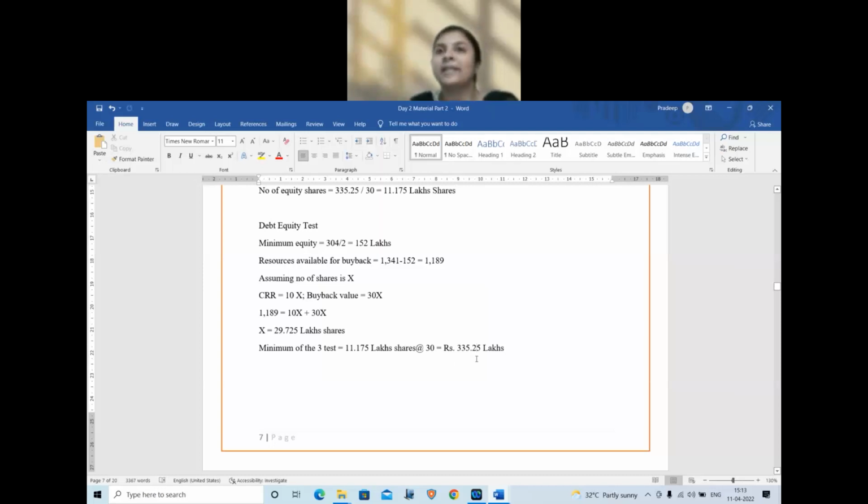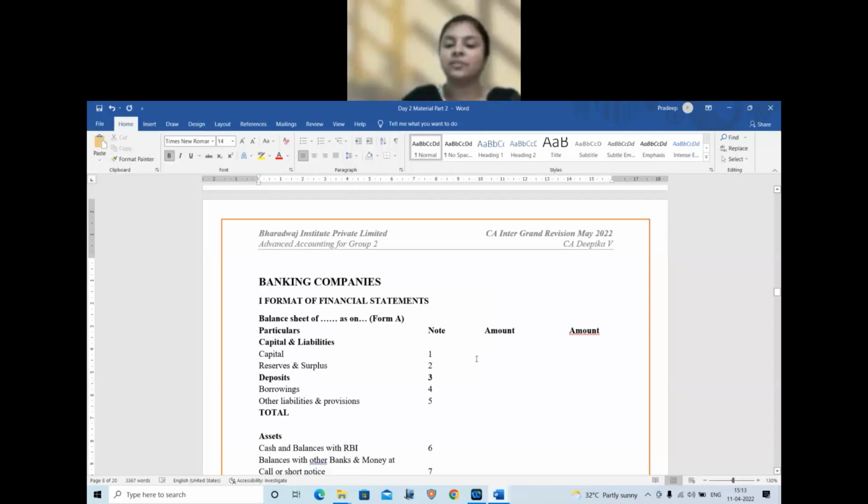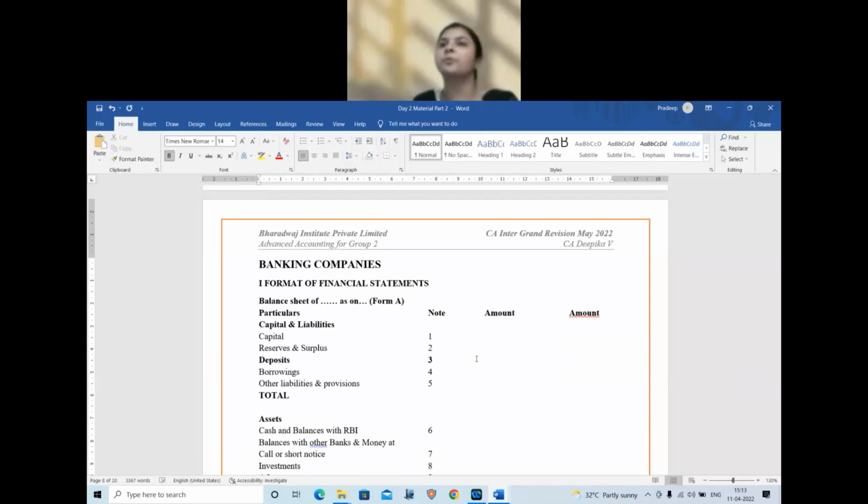We are moving on to the last chapter, banking companies. Friends, this chapter is a format oriented chapter. So I am going to quickly run through the formats and formulae for you and you can practice the questions. I will run through the questions also along with you for the points to be remembered. You can practice independently because it is format based.